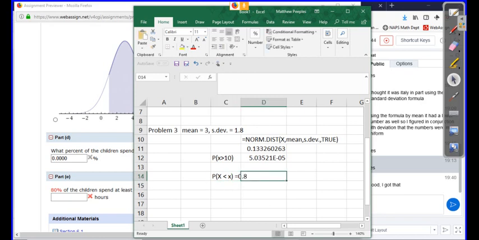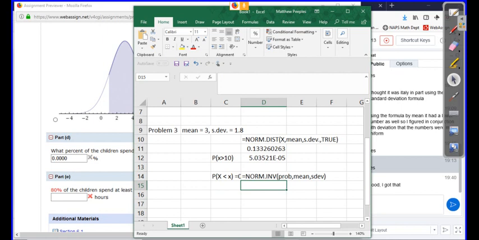So we're going to use a command that looks like this: equals norm.inv. And we're going to put in our probability value, our mean, and our standard deviation. And that's going to give us our x value.